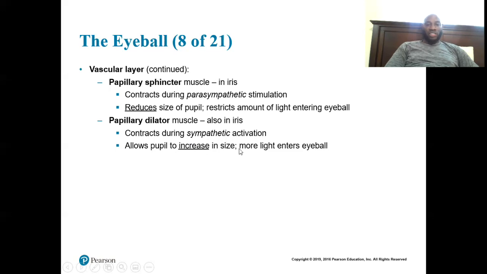Allows pupils to increase in size, more light. So we want more light in when we're in, remember, parasympathetic, rest and digest, right? When we're resting, we need less light coming in the eye. Sympathetic is when we're fight or flight. We need more light coming in the eye. We need to be more aware of our surroundings.